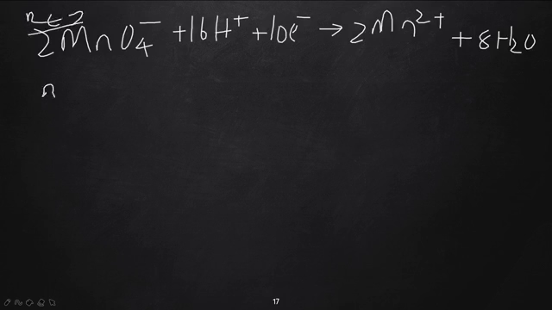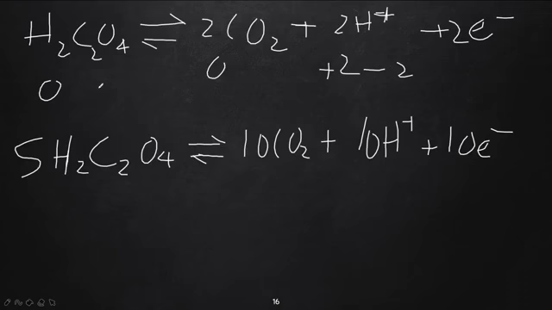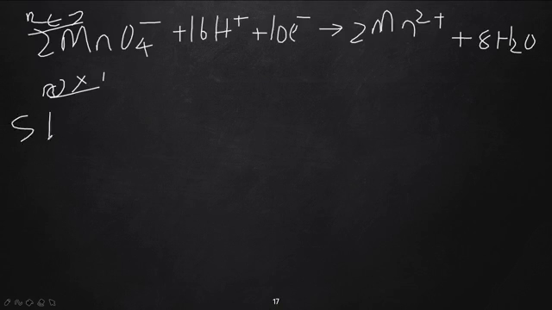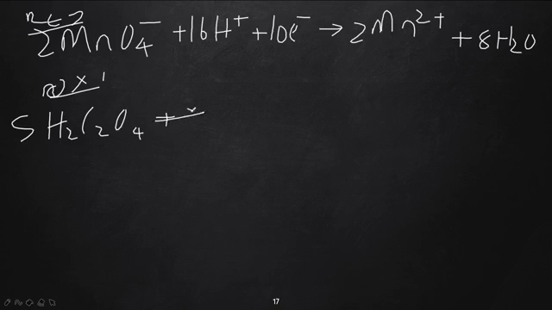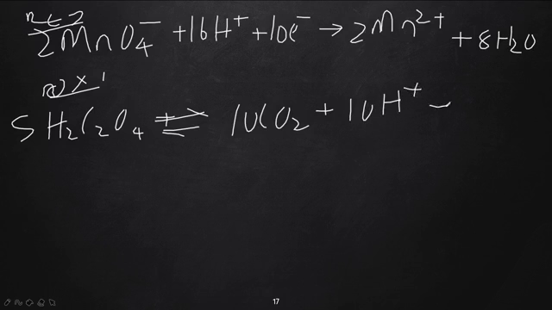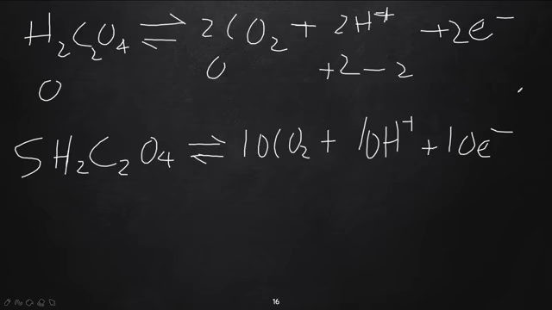Our oxidation half will also be this, so let me transfer it over: 5H2C2O4, with the reversible symbol, giving us 10 CO2 plus 10 H plus plus 10 electrons. Confirmation: yes, that's the same thing.